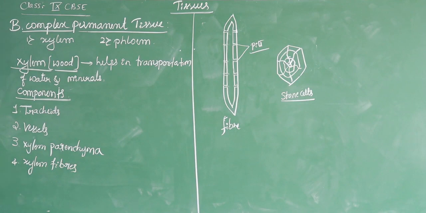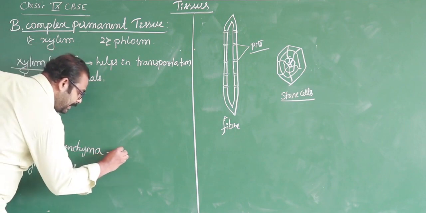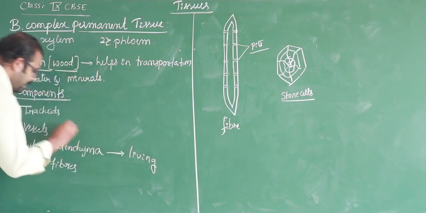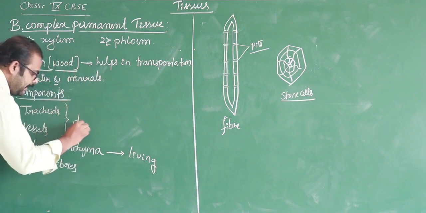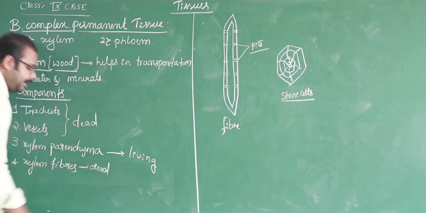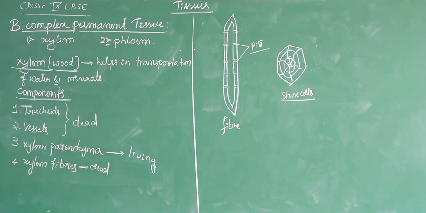So it consists of 4 components. Among the 4 components, xylem parenchyma is the only living component, and the others are dead. Dead means they consist of sclerenchyma. Here tracheids, vessels, xylem fibers.